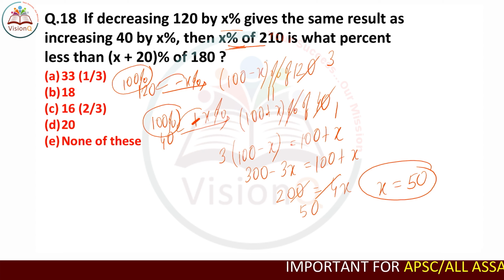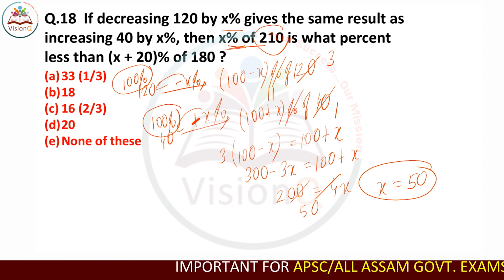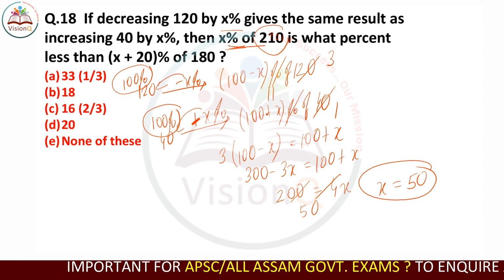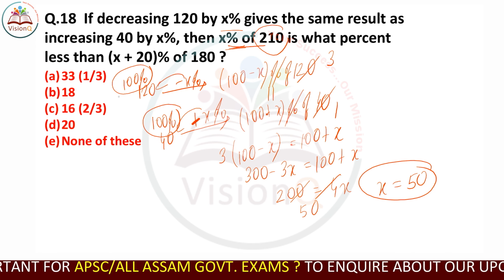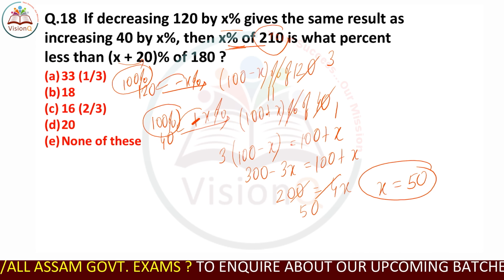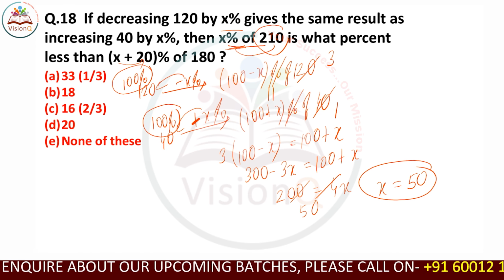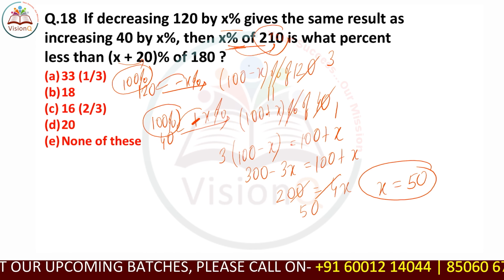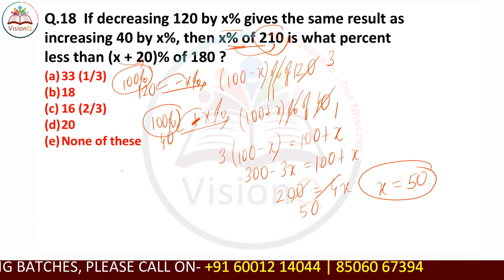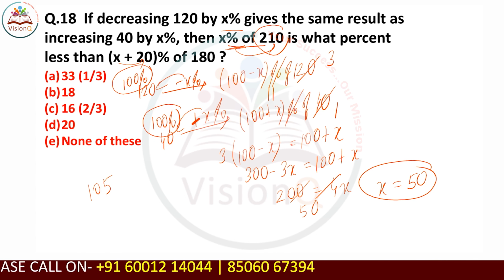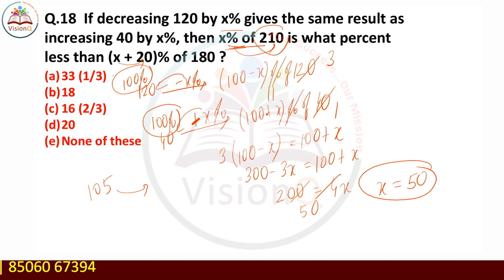So 50% of 210 is what percentage less than x plus 20%, that is 70% of 180. 50% means half, and half of 210 is 105. So 105 is what percent less than 70% of 180.